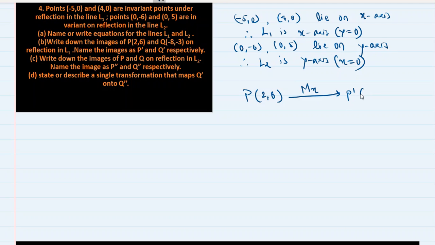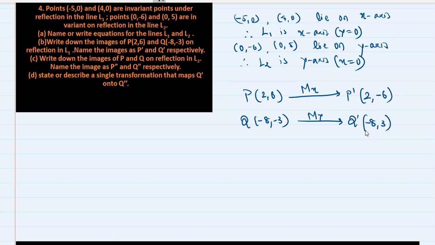It will become P dash (2, -6), because in reflection in the x-axis, x does not change, y changes. And Q, which is (-8, -3), on reflection in the x-axis becomes Q dash, which is (-8, 3).